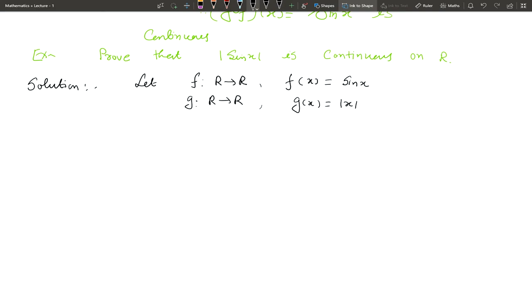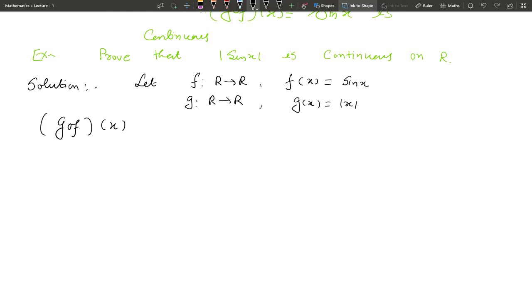No need to take any tension. If you are not getting g of f of x equal to mod sin x, you can change your function and evaluate g of f of x.